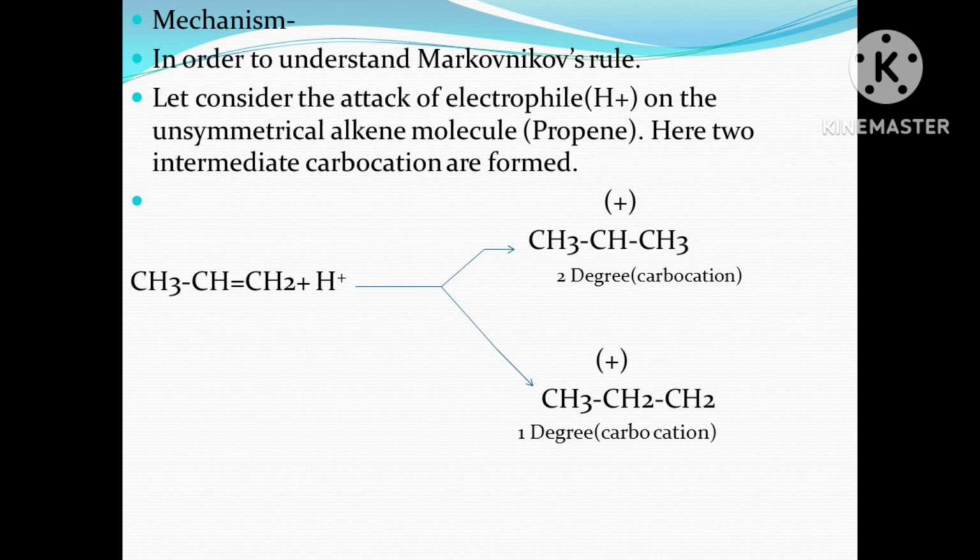You can count first and second from any side, but because a double bond is broken, it is counted from that side. Now, in this Kharasch effect or peroxide effect, the bromine will attach so as to form the more stable secondary free radical.